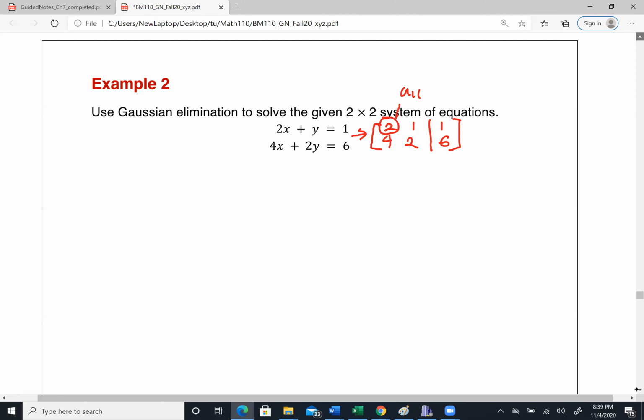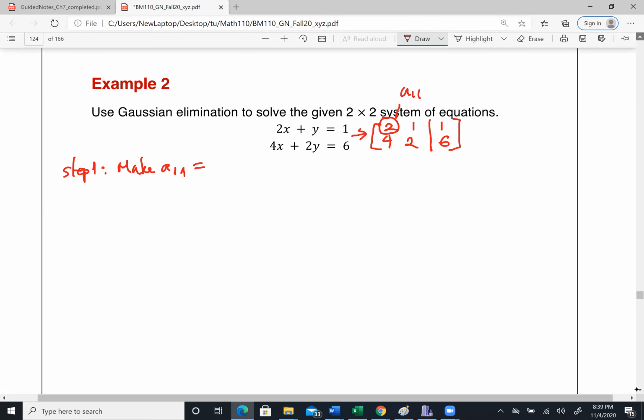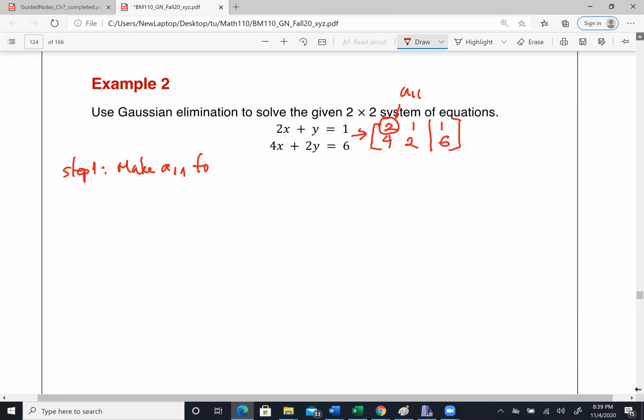Step 1: make A11, the first element in the first column and first row, be the leading 1.